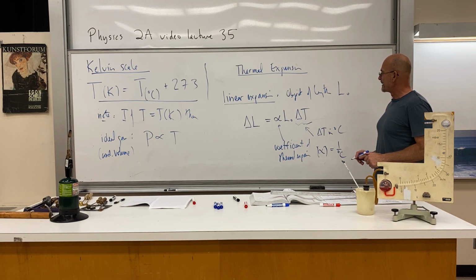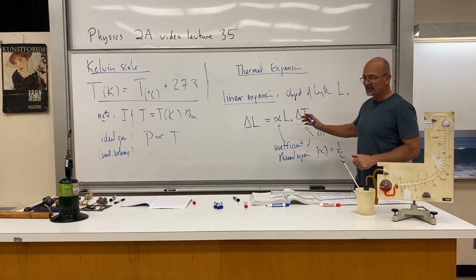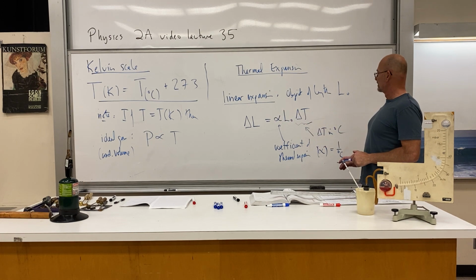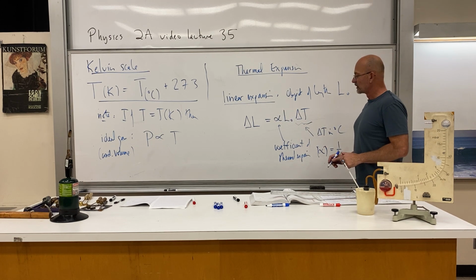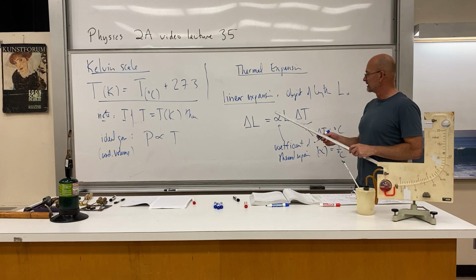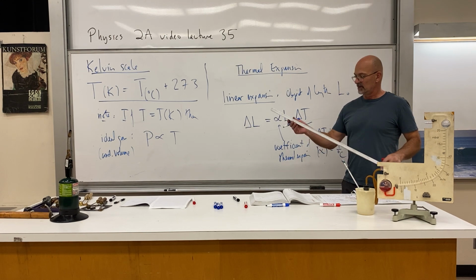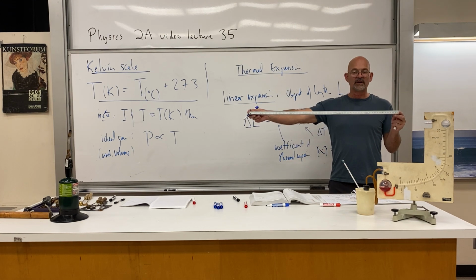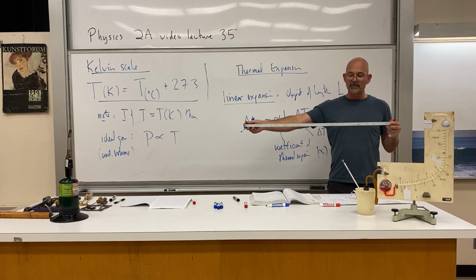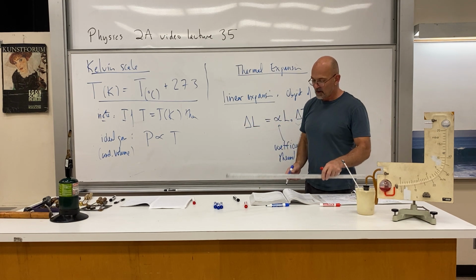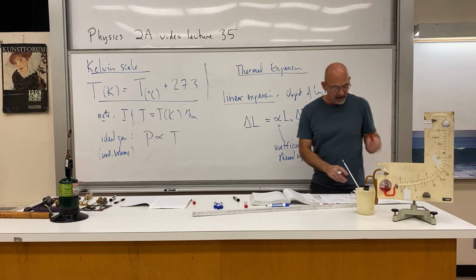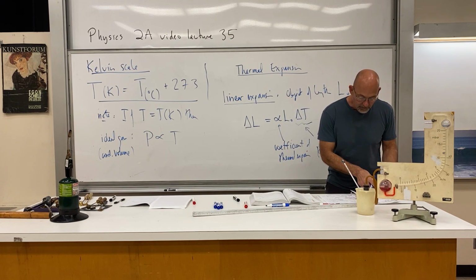And I think I have a numerical example here for us. So suppose this were a meter stick. How much would it expand if I, say, dropped it in boiling water? Well, for that we need to know alpha. I believe I've got an alpha here for us.